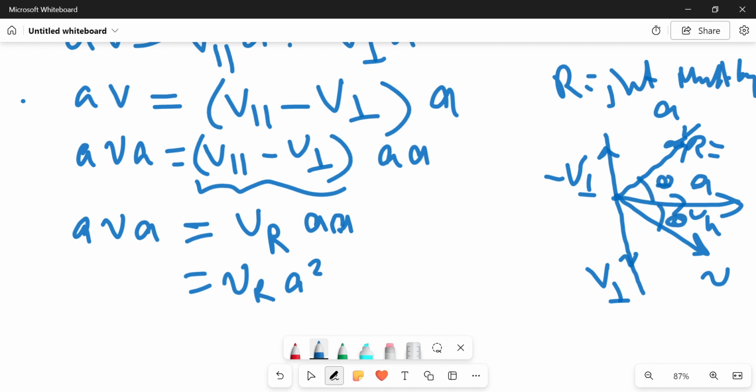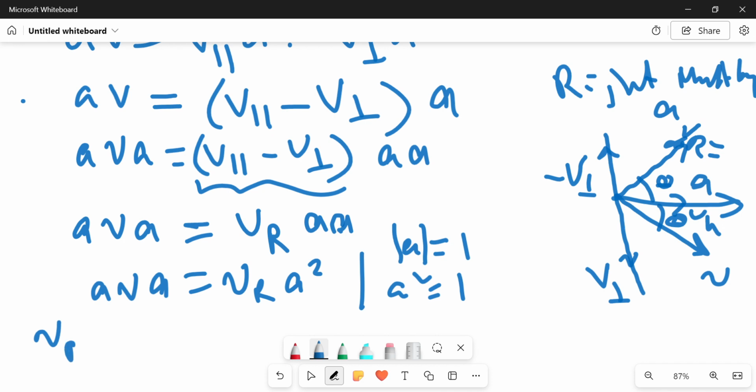This is the angle theta. Now, when A is a unit vector, with magnitude 1, then A squared is 1.